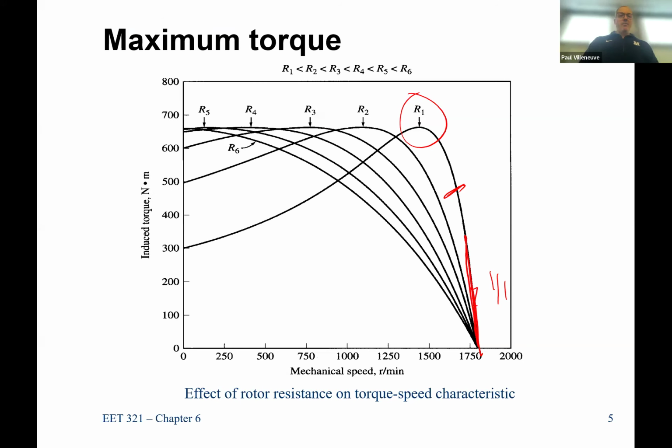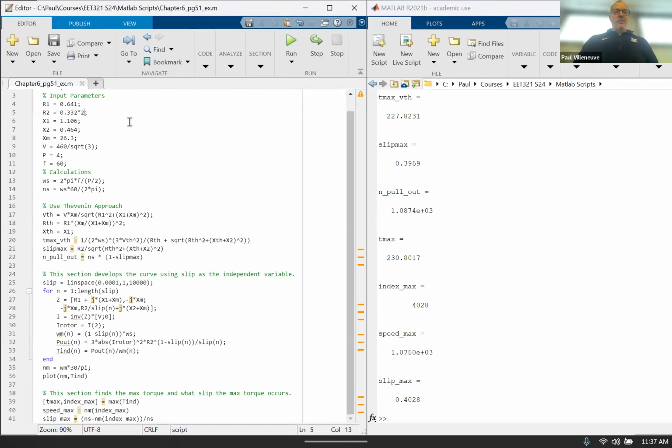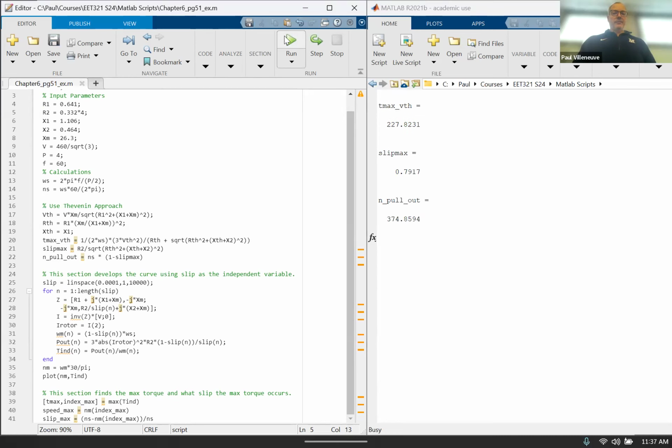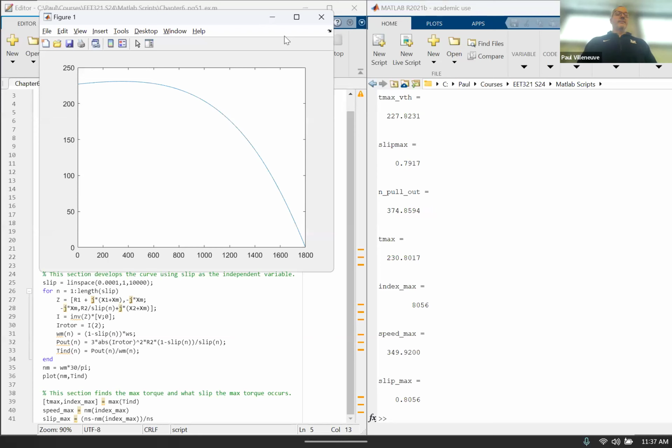And we can continue to monkey with it, where we can change this to, let's quadruple our resistance. And let's go back to our plot. Now this is looking like almost all the starting torque is at the beginning.